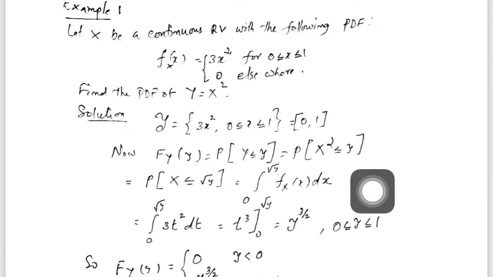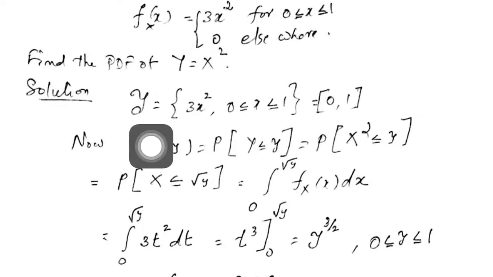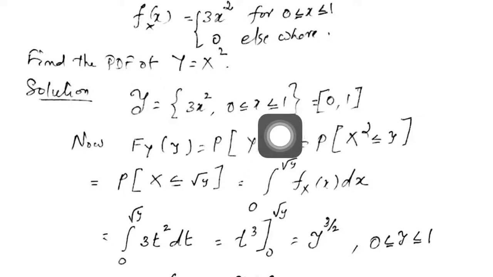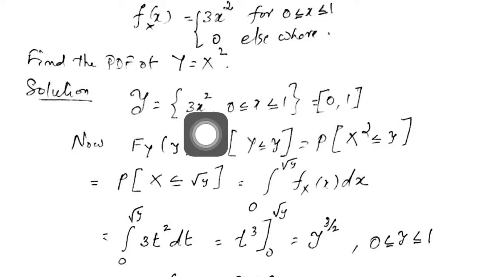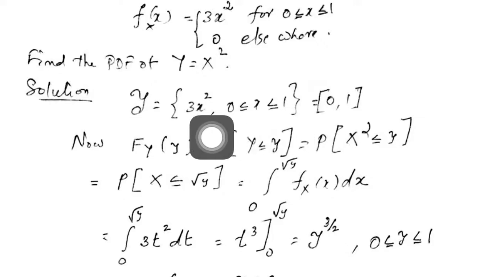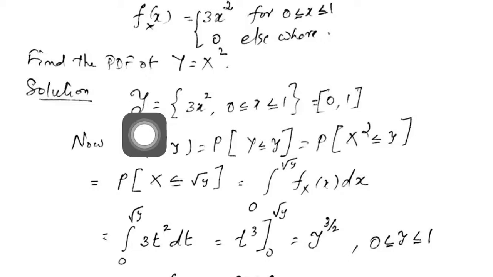Here you see that the range of the transformed variable y is equal to x square is the set 3x square, 0 less than or equal to x less than or equal to 1, which is equal to 0 to 1, because when x is equal to 0, 3x square is 0, and when x equal to 1, 3x square is 1, and as x varies from 0 to 1, this 3x square changes from 0 to 1. So this is the range of the new variable.